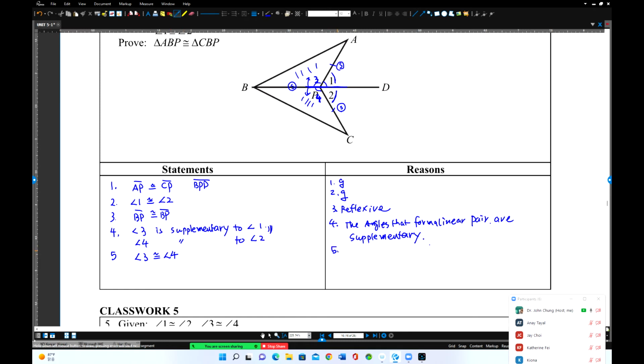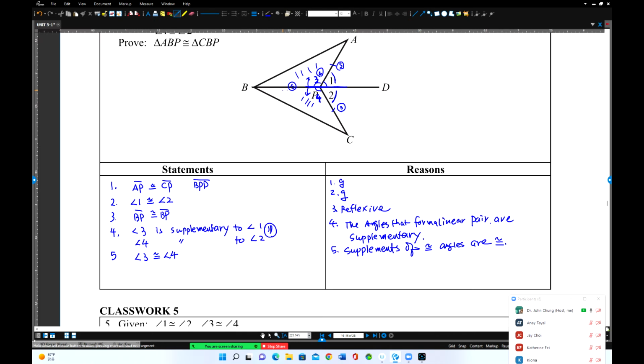The reason is what? Do you remember? Supplements of congruent angles are congruent. So we got the angle already. Side, angle, side, we got everything.